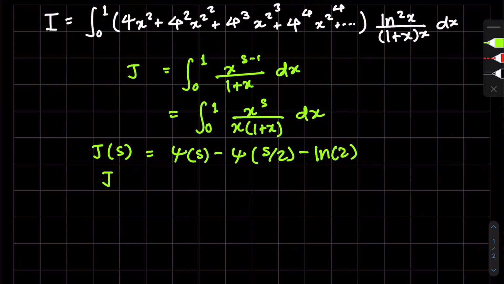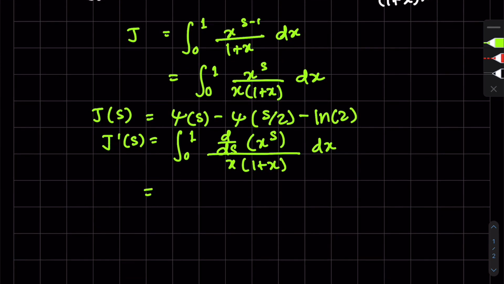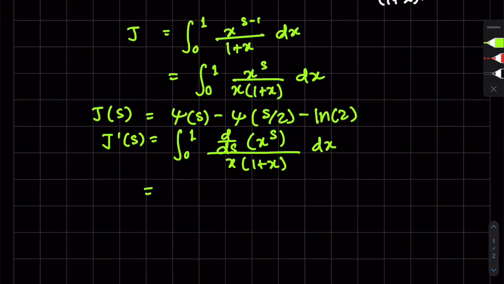Then if we differentiate with respect to s on this integral expression, inside the integral we're going to have x to the s, like d over ds of x to the s. Let me write that down for the sake of clarity. Divided by the same junk in the denominator, which will be independent of s because it's all x terms. I'm just using Leibniz rule, so the derivative went inside.